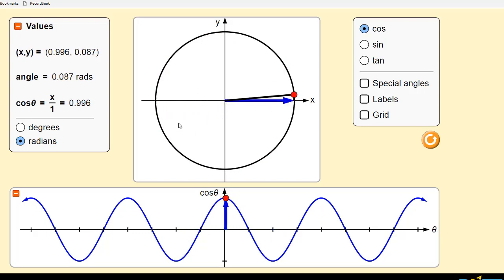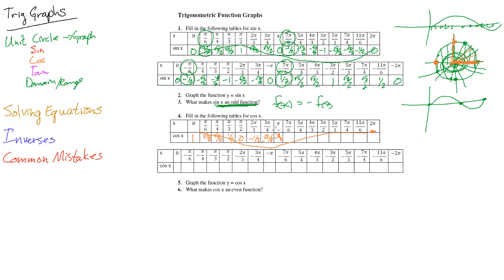Now, something interesting about the positive and negative ones, notice this one, negative pi over 6, we're at square root of 3 over 2. Square root of 2 over 2, 1/2, 0. Negative 2 pi over 3 is at negative 1/2, negative square root of 2 over 2, and then negative 1.